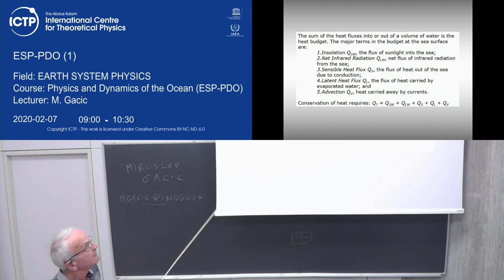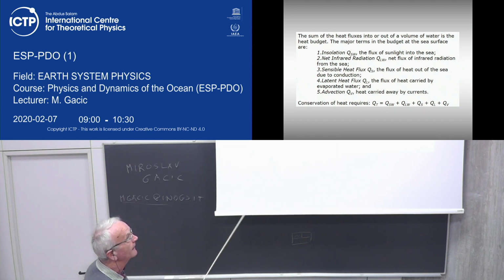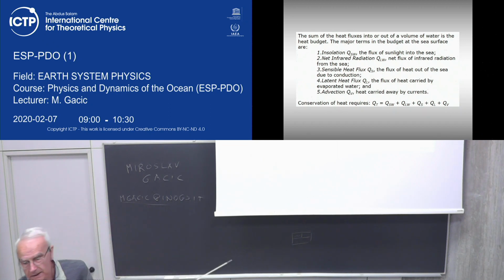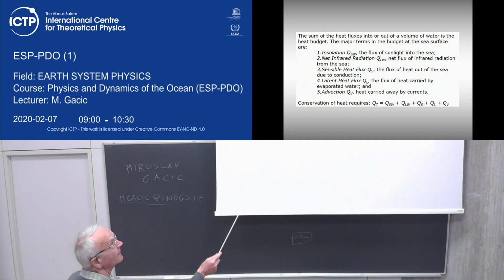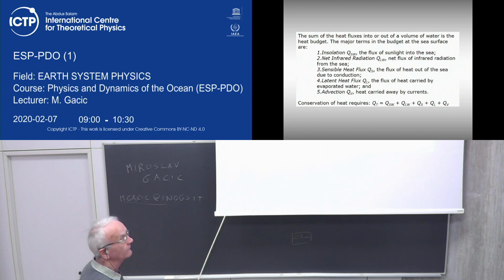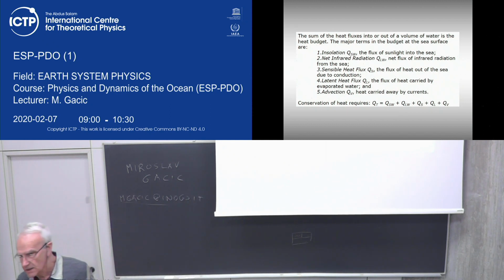If you look at these 5 elements of the heat flux, the difference between number 5, advection of heat, with respect to the other 4, is that advection is not looking from the point of view of the entire ocean. Advection doesn't change the heat content in the ocean.